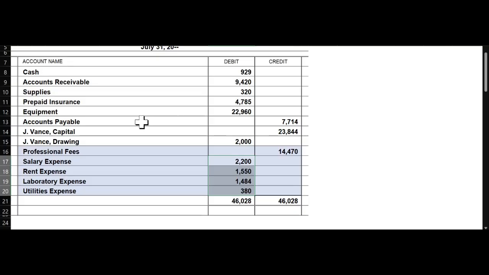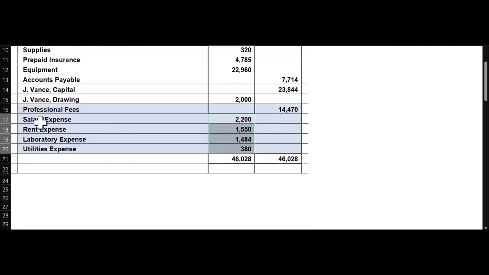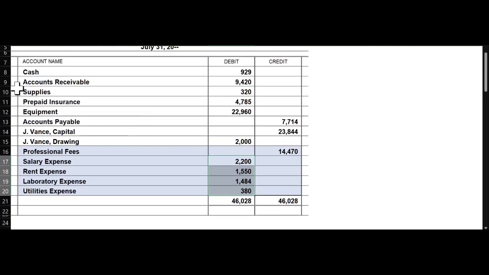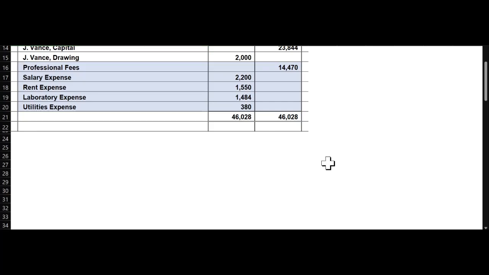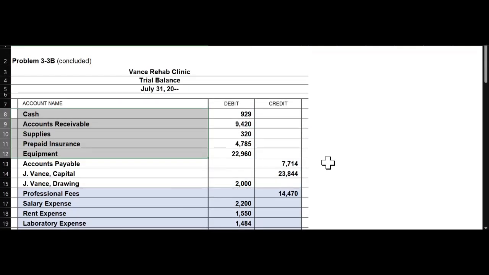This particular trial balance doesn't show it, but it's not unusual for a column over here on the left to have the account numbers. So you would see the account number maybe coming down on the left side here. But it's not indicated or required in this particular problem.